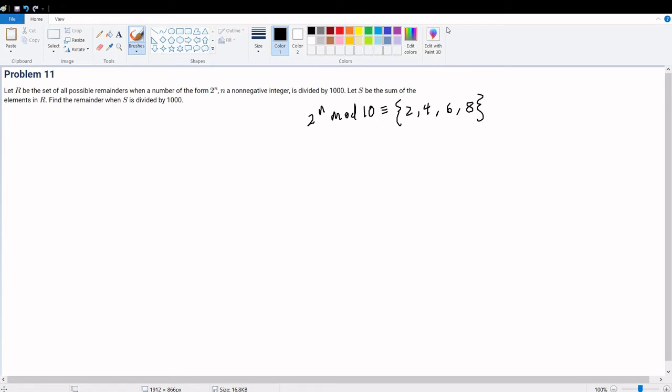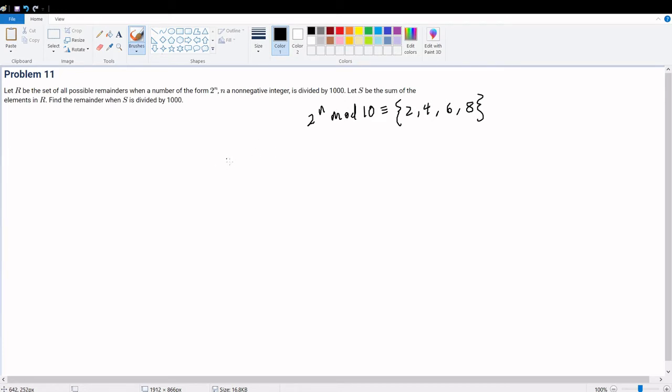And since these powers of 2 mod 10 have a cyclic nature, maybe the powers of 2 mod 1,000 also exhibit similar behavior. That's our motivation, our inspiration for this problem.